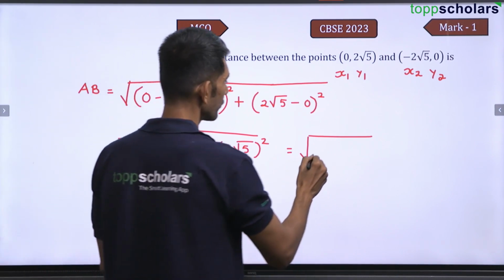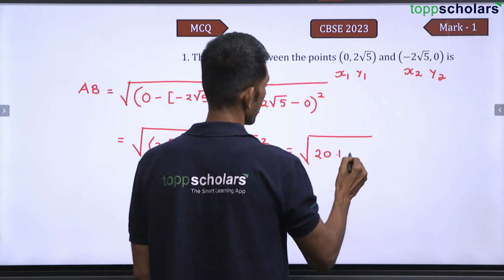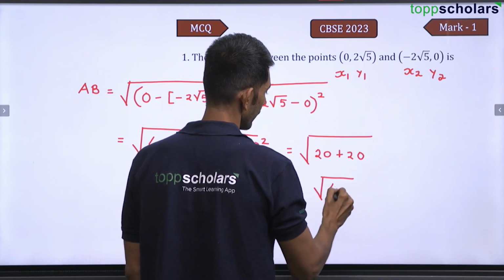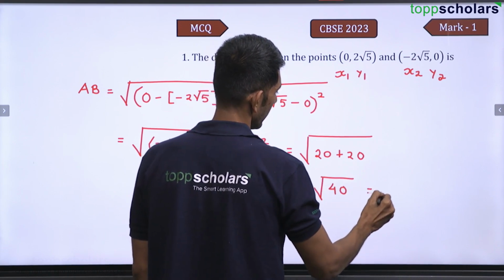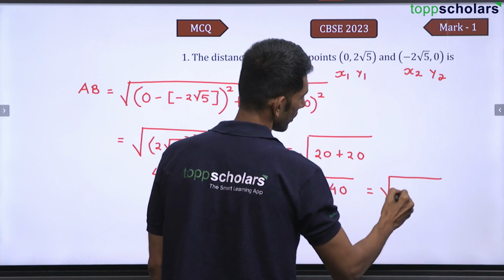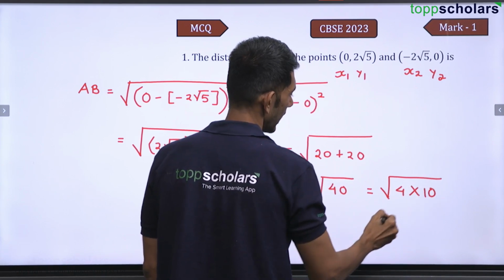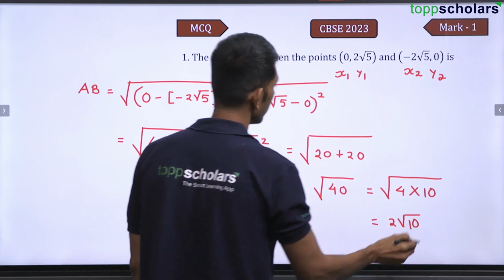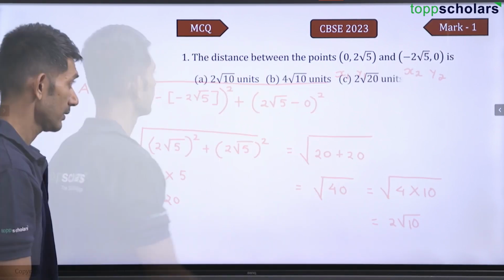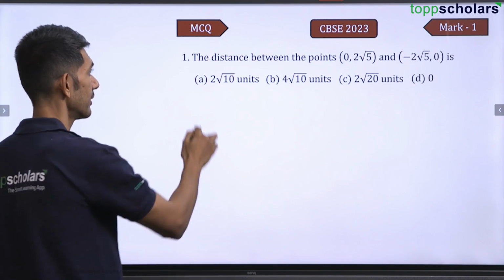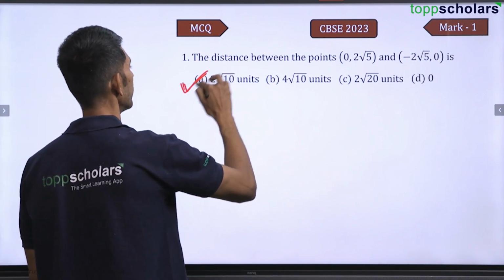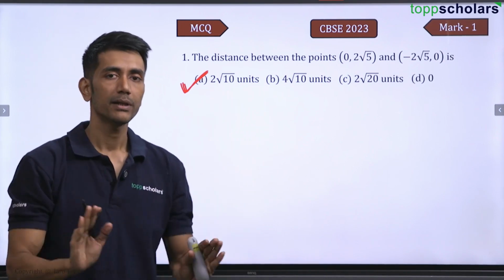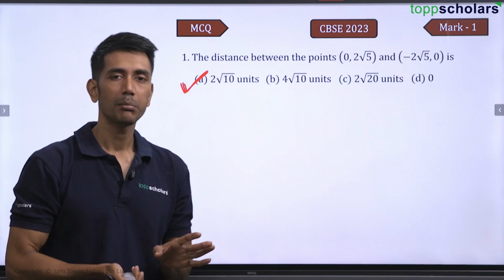So can I say this becomes 20 plus 20, and 20 plus 20 is under root 40, right? Under root 40 is nothing but under root 4 into 10, and if I take the square root of 4, it gives me 2. So 2 root 10. We need to check for 2 root 10. Yes, the first option is 2 root 10. So definitely 2 root 10 is the correct option, right? Simple, easy question, distance formula applied, that's it.